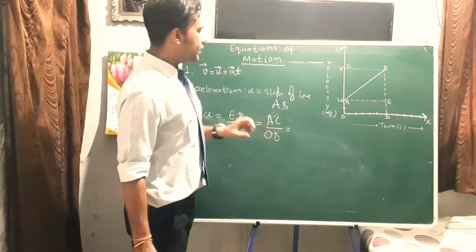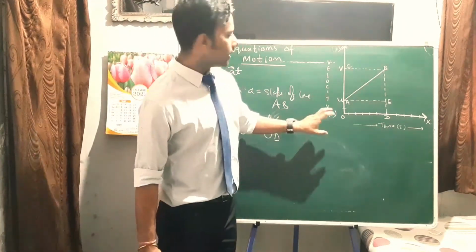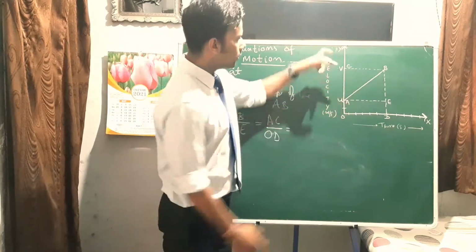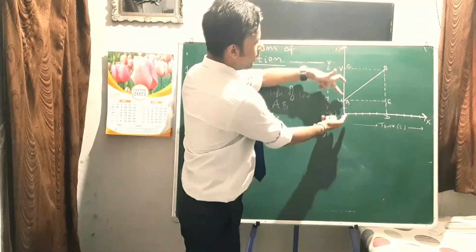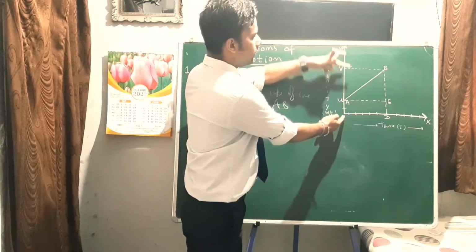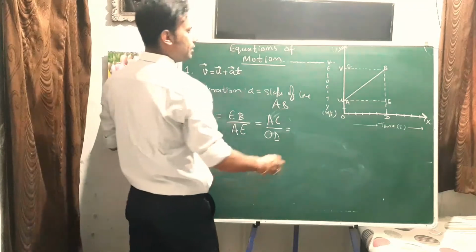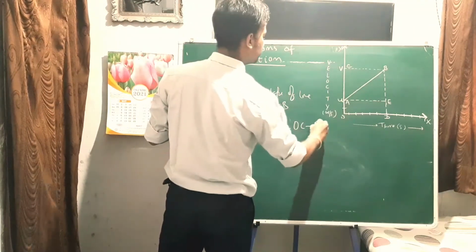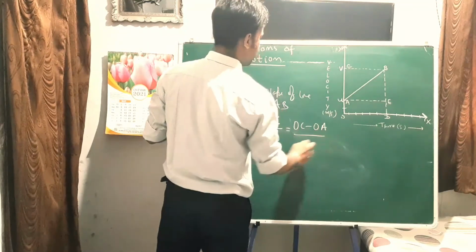Now what will be the value of AC? AC can be written as OC minus OA, right, because we want this part. So if we subtract this part from the whole OC, we'll get this part. So a equals OC minus OA divided by OD.